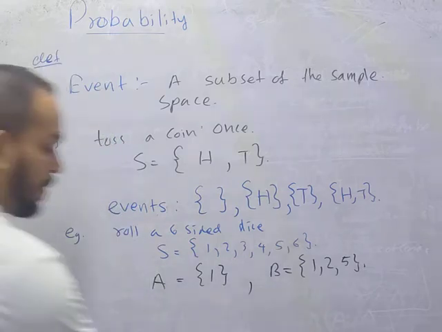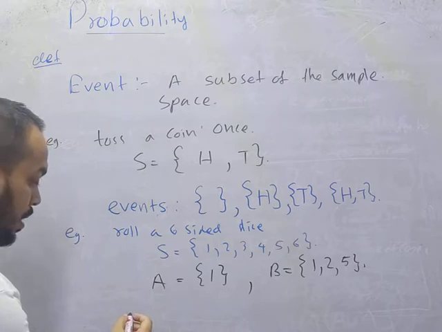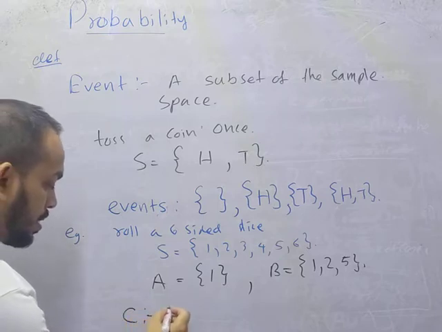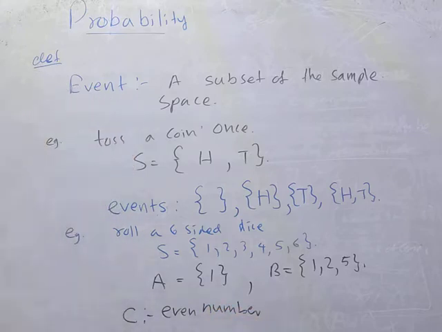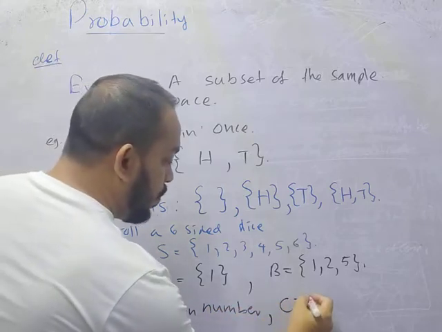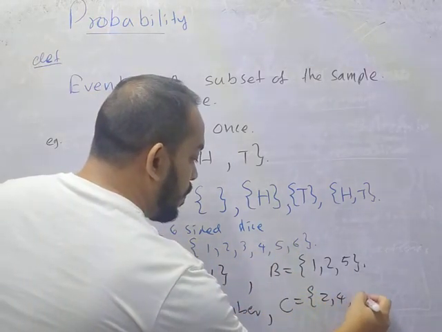Right? We can define another event. Let's say set C is even numbers. Right? In that case, C would be 2, 4, and 6.